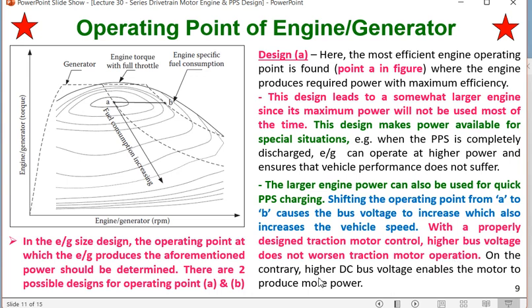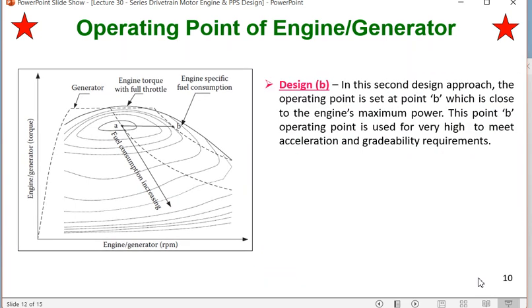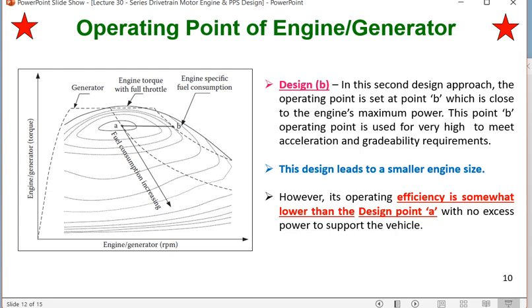On the contrary, higher DC bus voltage enables the motor to produce more power. But design B has a downside: it will give you higher output but at the cost of high input. Though you are getting very high speed, the efficiency will not be very high. So this is what is said here.